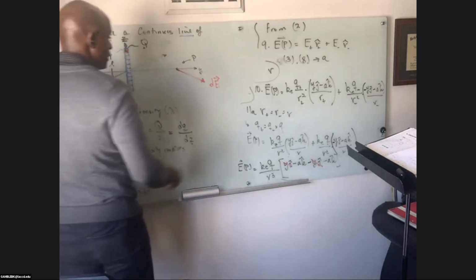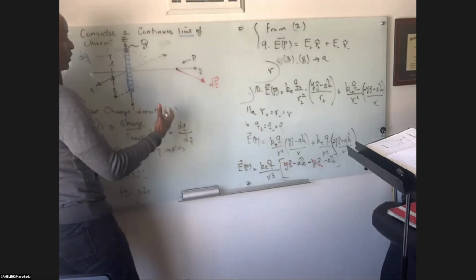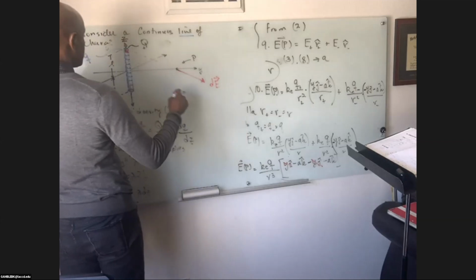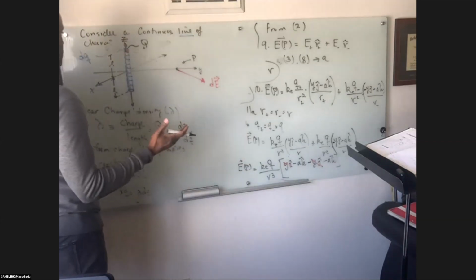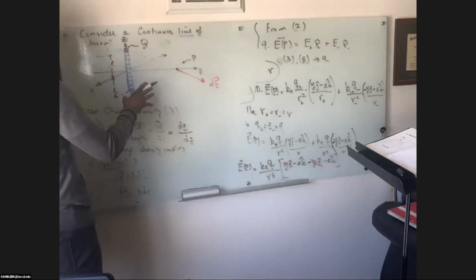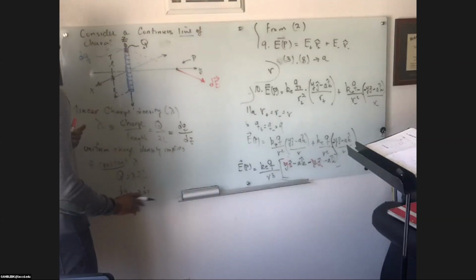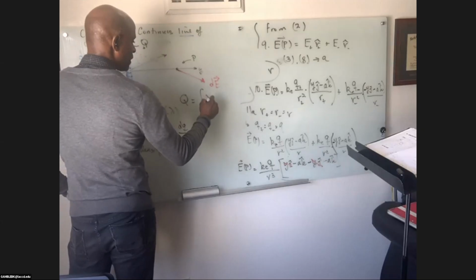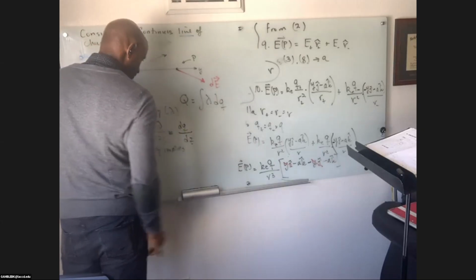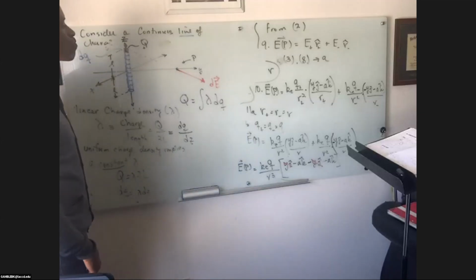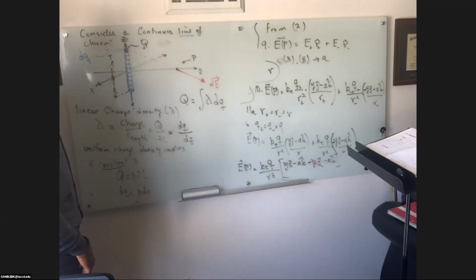So yes, you could do that, though it's not what we're doing. I think your question is, what is the relationship of the total charge to the differential charge element? And it is the following: the total charge Q is equal to the integral of lambda dz. So I would have to write lambda in terms of the differential charge element, dz, which I have done.